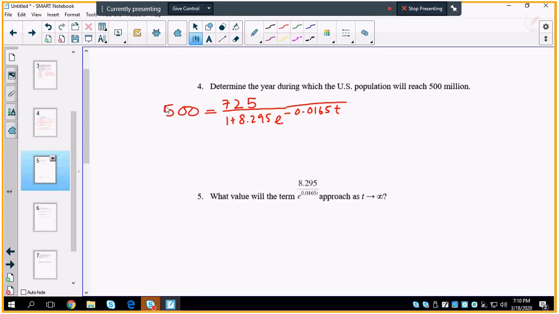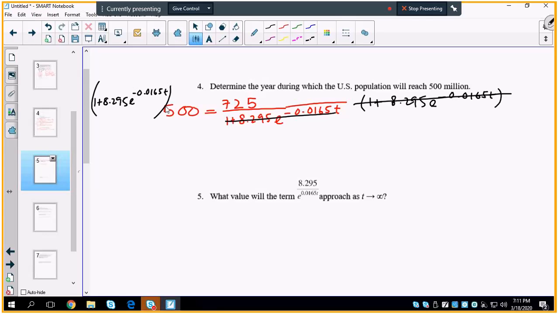So what I will do, I will multiply the denominator on both sides for the same purpose, getting rid of the denominator. So 1 plus 8.295 e to the power minus 0.0165 t, multiply it on the left and on the right. What it does is cancel the factors.